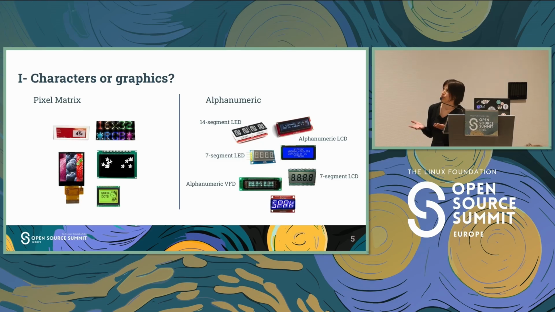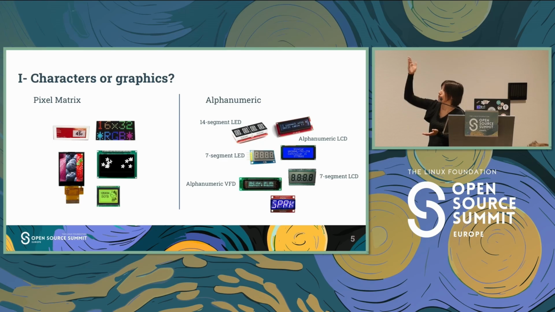Okay, so first we make a distinction between two broad categories of displays. The first one is the obvious one we think about when we talk about displays, the kind that has a pixel matrix. So you have an array with pixels and colors. It's a straightforward display. And you have the other section that contains all the miscellaneous things, mostly alphanumeric.